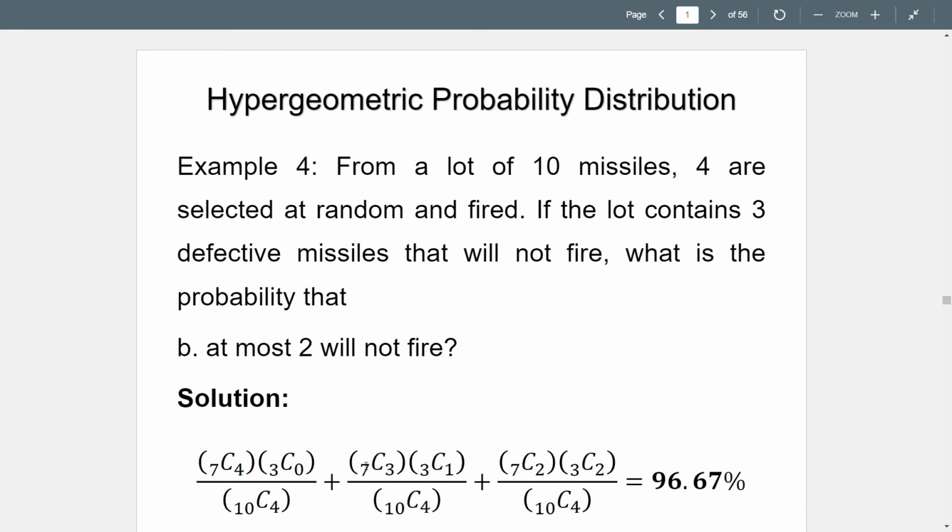If one of them will not fire, you have 7C3, the number of successes, and then 3C1 for failure to fire. For at most 2 will not fire, you'll have 7C2 and then 3C2. Then you'll have a 96.67% chance that at most 2 will not fire.